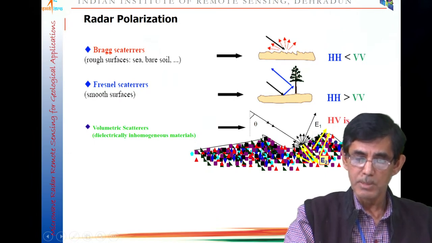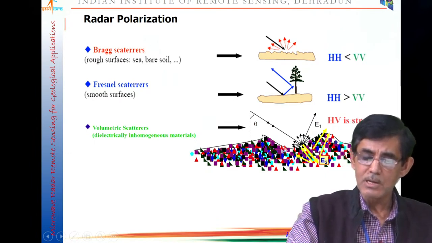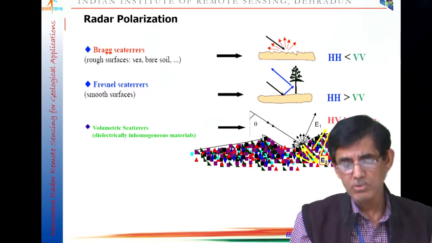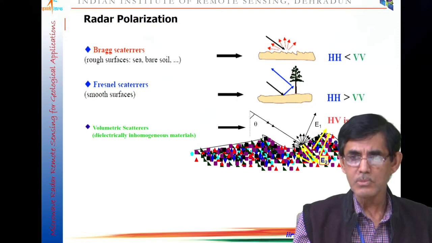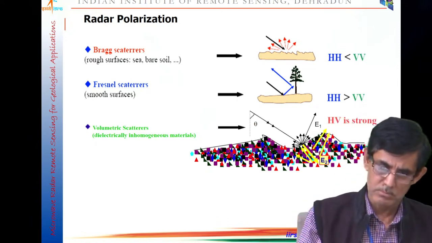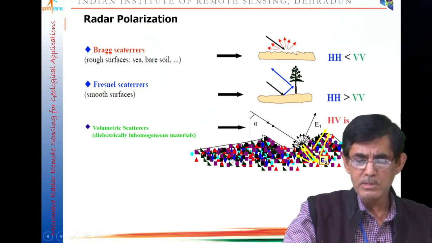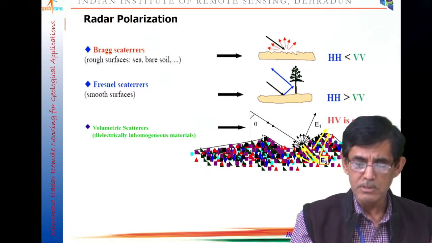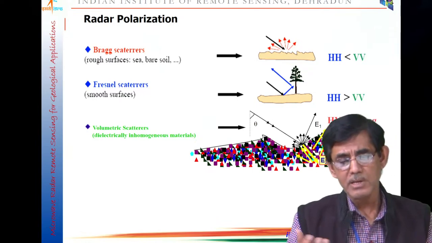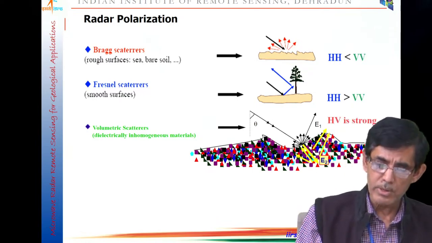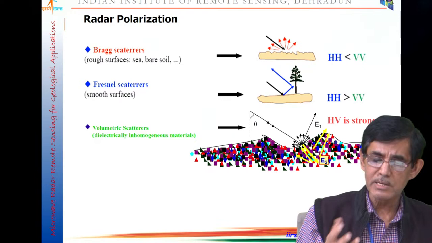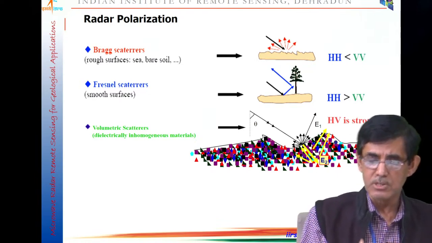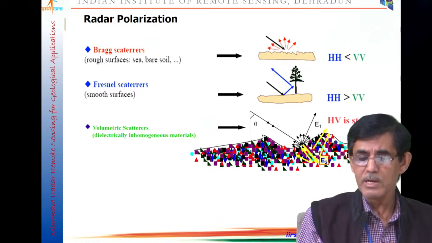But if the material is dielectrically inhomogeneous, and if the material is loose, unconsolidated material, geologically, for example alluvium, what is there? There are different kinds of particles, different rock fragments. Some particles are dry, some particles are wet. Wet particles are dielectrically strong, with high dielectric property, whereas dry particles have low dielectric property.